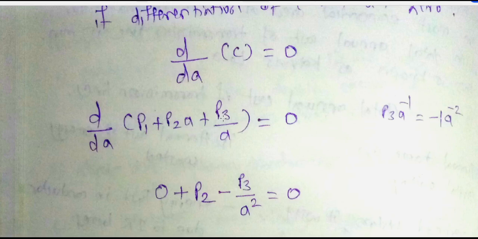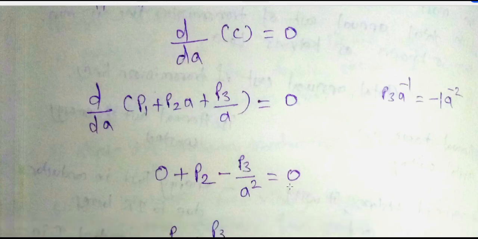Now P3 into A raised to minus 1 has the derivative minus 1 into A raised to minus 2, which is minus P3 divided by A square. So P2 minus P3 by A square is equal to 0.